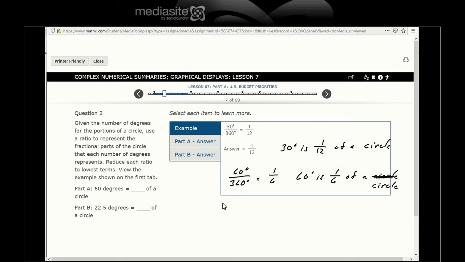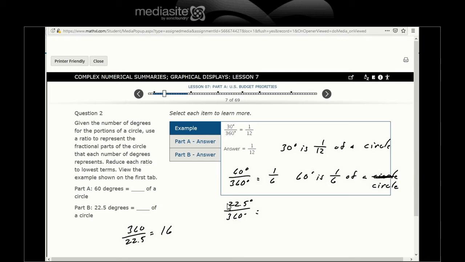Twenty-two and a half degrees over 360. Let's see. In the calculator, let's do 360 over 22.5 and see what we get. 360 divided by 22.5 gives me 16.